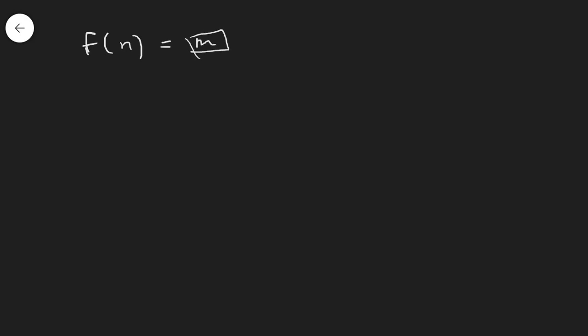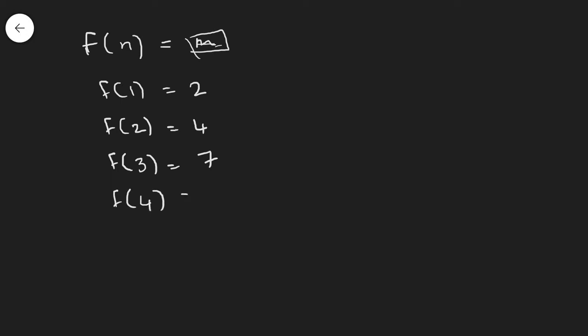So we got f of 1 equals 2, f of 2 equals 4, and f of 3 equals 7. So we want to find f of 4, and similarly for an arbitrary n. So this is clearly a function. Let us see what this value will be.